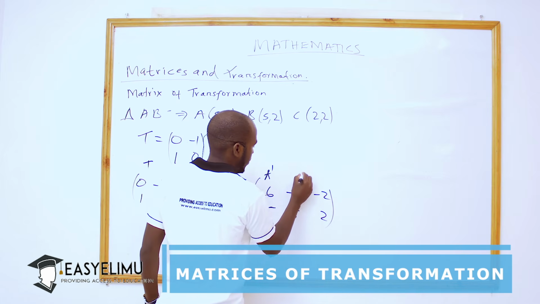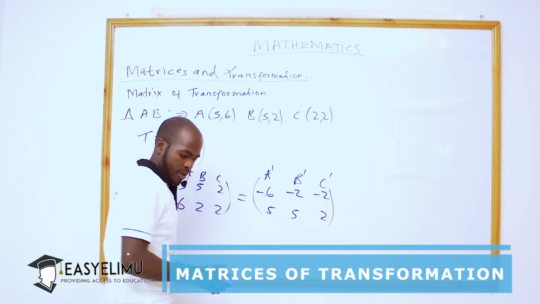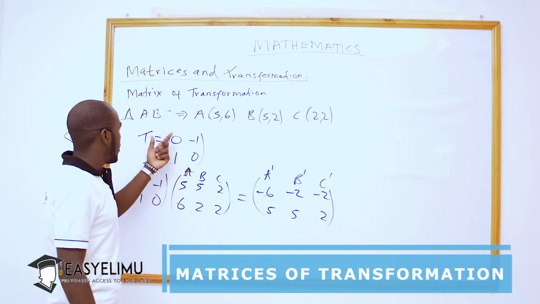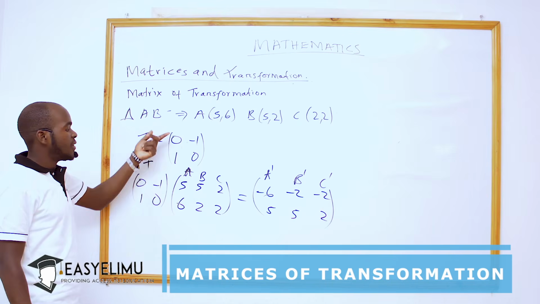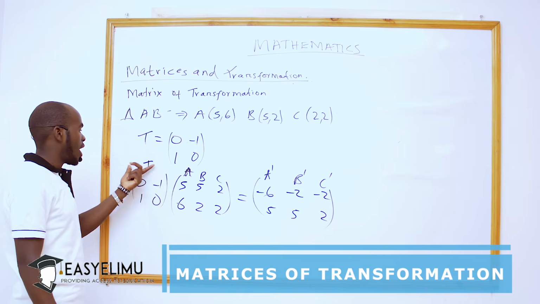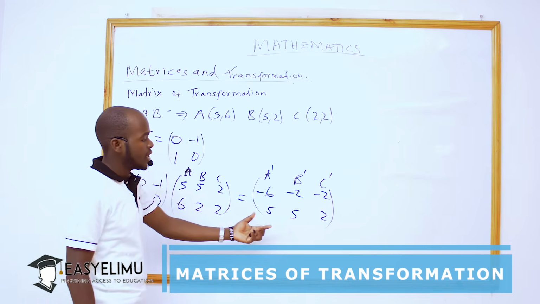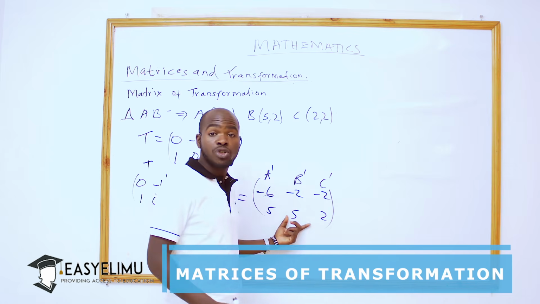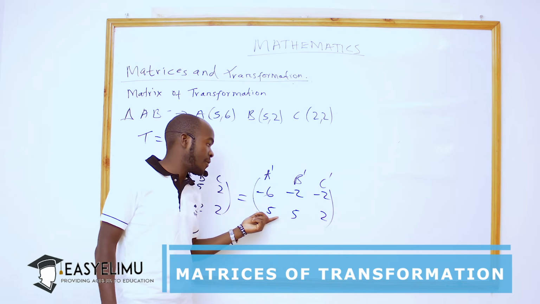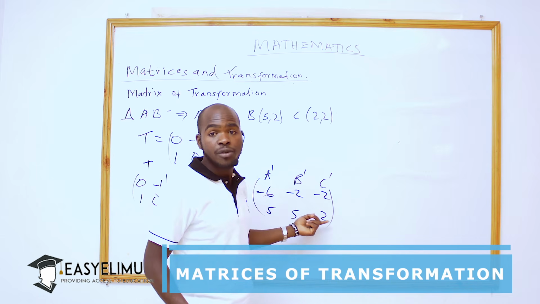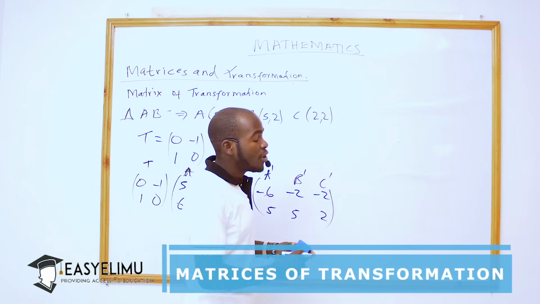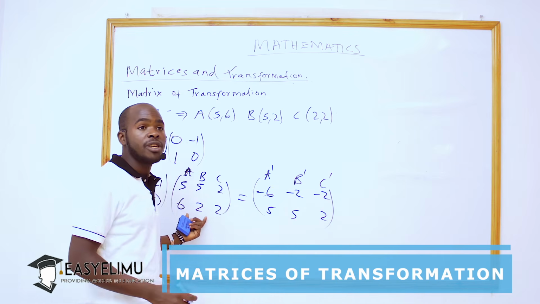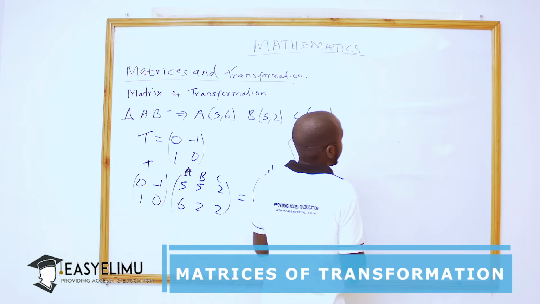This is A prime, B prime, and C prime. So we have found that if triangle ABC with these vertices is subjected to a transformation of this one, we get the image of that triangle to be -6, 5, -2, 5, and -2, 2. Let's see on a Cartesian plane how this image and the object of this triangle look like.